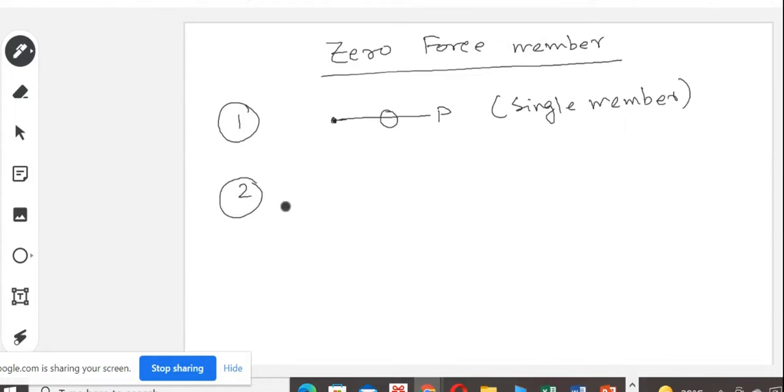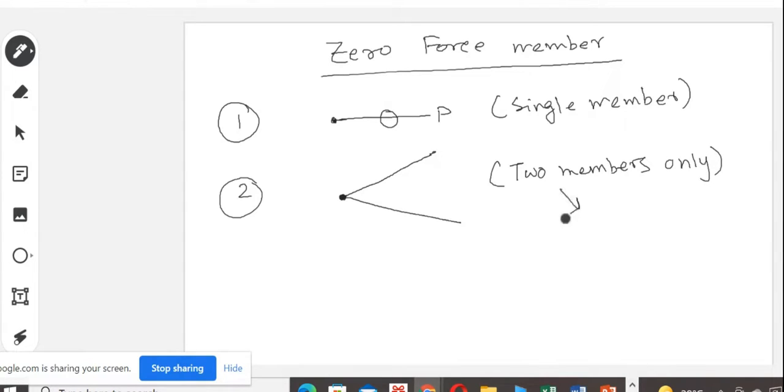Okay. Secondly, if a joint is connected by two members only, which are not in a straight line, then they have to be zero force members.